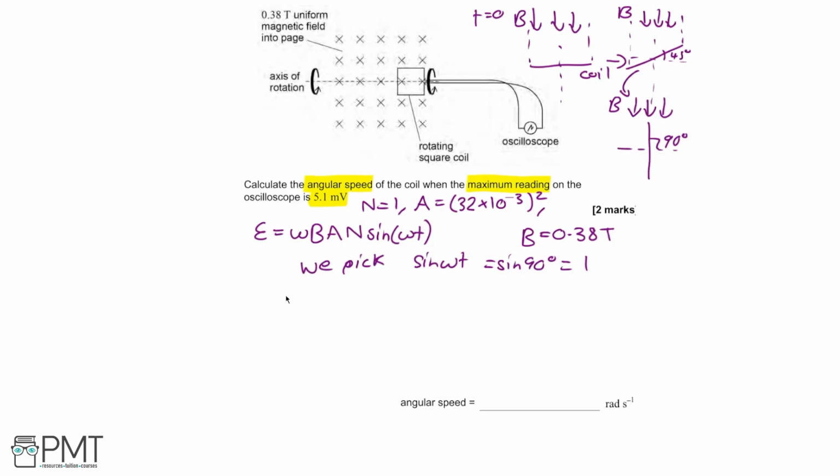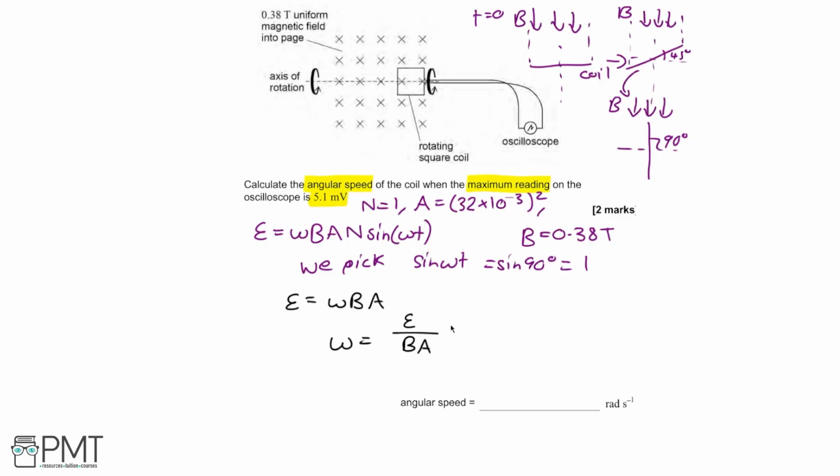Therefore, we can just use the equation epsilon is equal to omega BA, where I've set n equal to 1 here. And I've removed the sine because we now know that we're looking at it when the angle inside the sine omega t is equal to 90 degrees. Therefore, we can rearrange this for omega to give omega is equal to epsilon divided by BA.